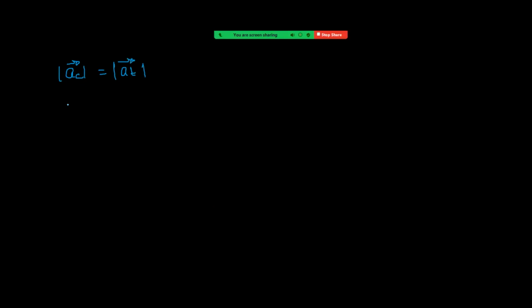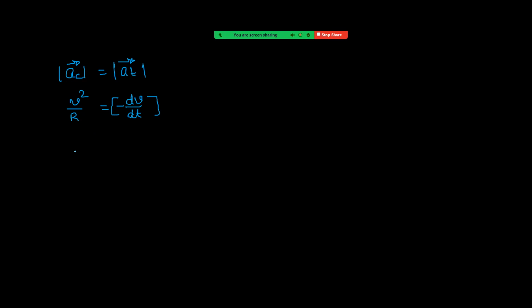AC value is V square by R. AT value, modulus value, since it is given as tangential deceleration, it is dV by dt. This itself is negative, so to make it positive, taking a negative sign. Okay. Now from this, see what we can write.